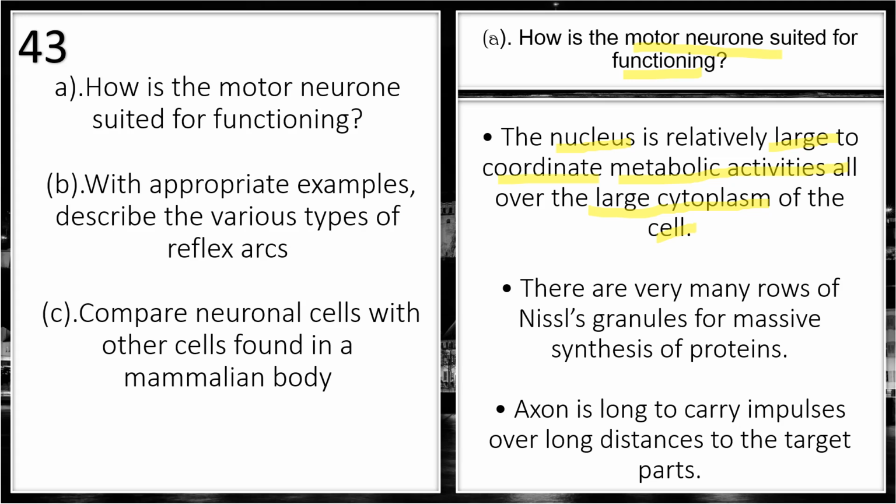There are very many rows of Nissl granules for massive synthesis of proteins. The axon is long to carry impulses over a long distance to the target parts.